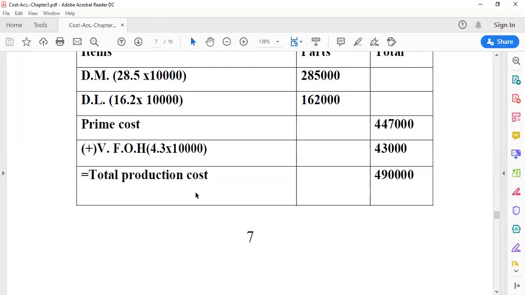Then if you add direct material plus direct labor plus the variable factory overhead, you will get the total production cost.